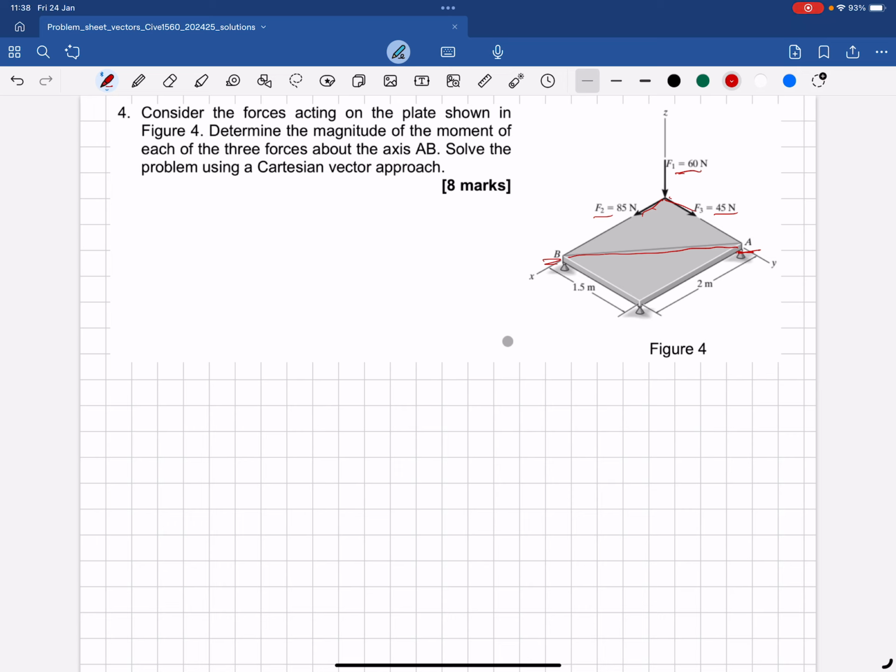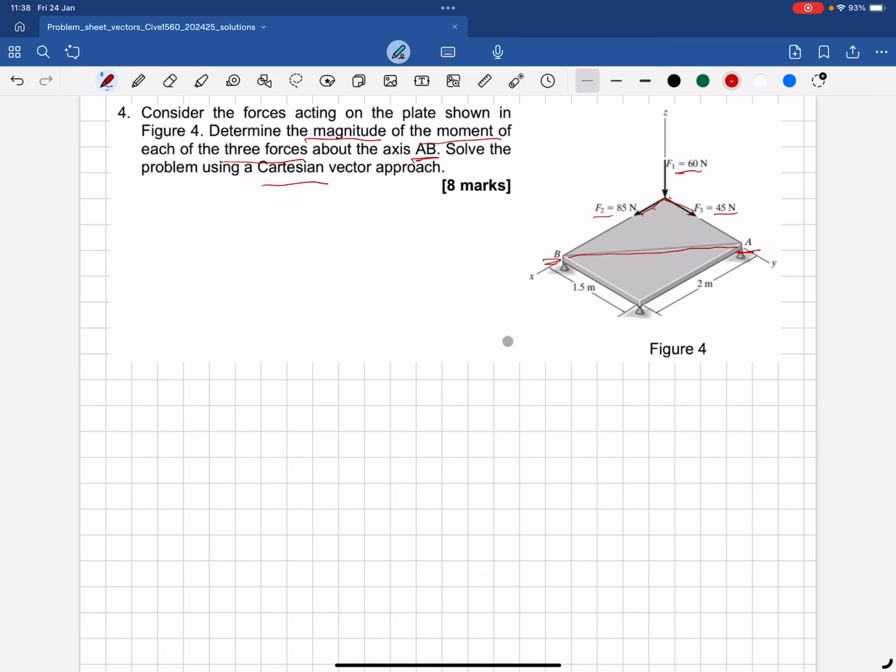We need to note the coordinates of A and B, turn all the forces into vectors, get a vector along AB and a unit vector, and do our cross product and dot product calculations. Right. Determine the magnitude of the moment of each of the 3 forces about the axis AB.